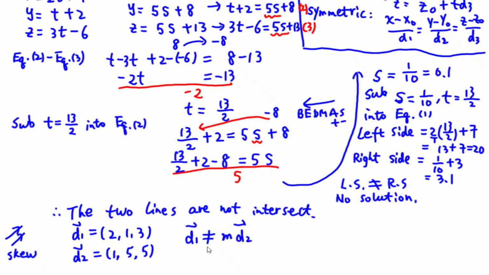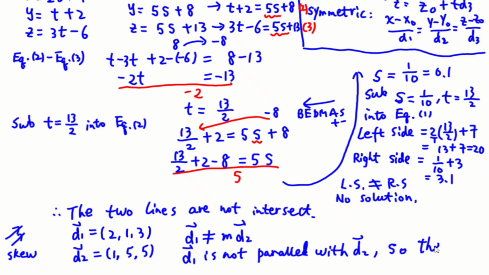So it means they are not parallel. So D1 is not parallel with D2. So the two lines are skew.